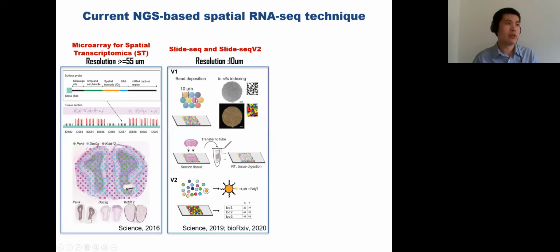I think that is optimized as a balance between how many probes you can have on the beads and the resolution. They put the beads compactly assembled on the glass slide, sequence the beads beforehand, then place the tissue on top of those beads and process it. Later, using the bead information, they can retrieve the spatial information of the tissue. With this technology, they can improve the resolution to 10 micron.